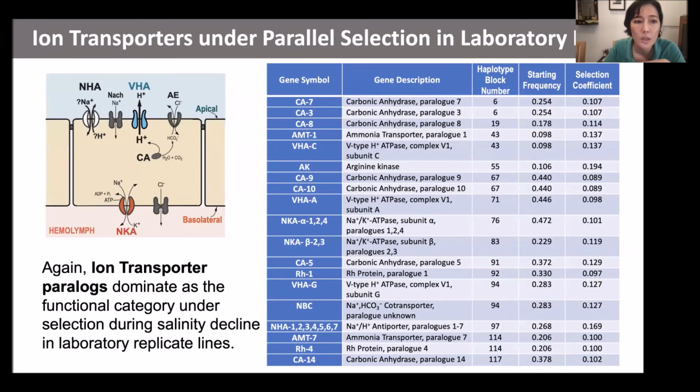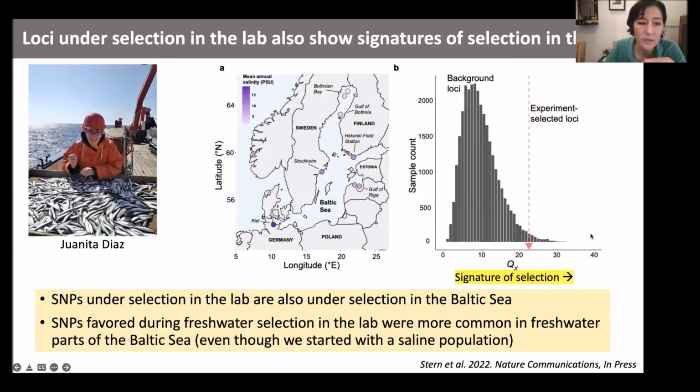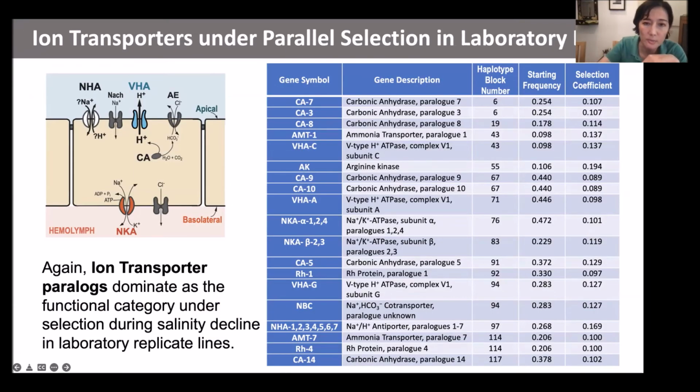So again, if we look at the loci under selection, like our previous experiments on the wild populations from North America and in our gene expression analyses, again, ion transporter paralogs dominated as the functional category that showed signatures of selection in our laboratory experiment in our replicate lines.